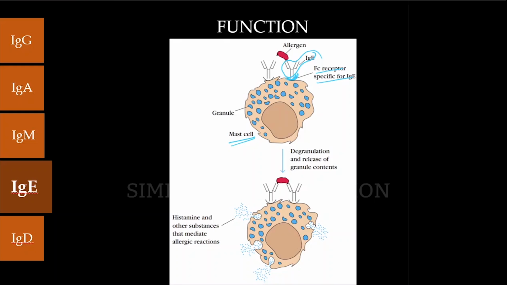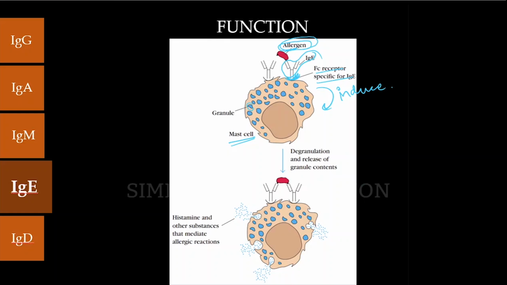So they bind with the receptor, and when the IgE molecule cross-links with the allergen, what will it do? The cross-linkage of the receptor-bound IgE molecule by the antigen or allergen induces the basophils or mast cells to translocate their granules.